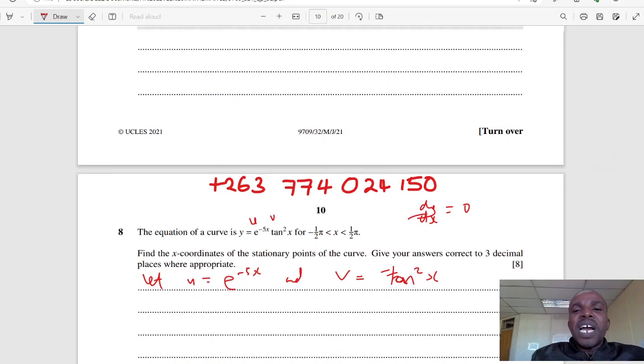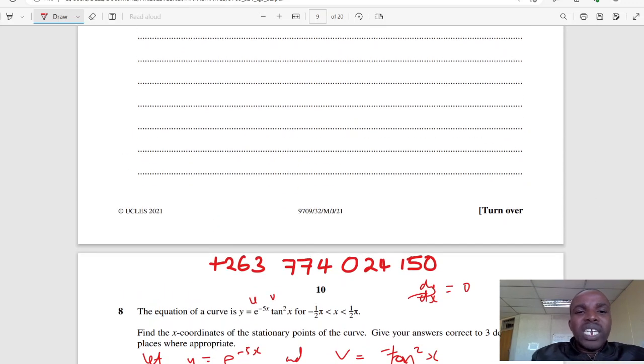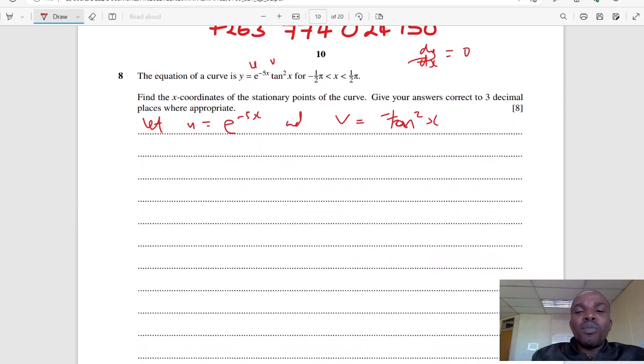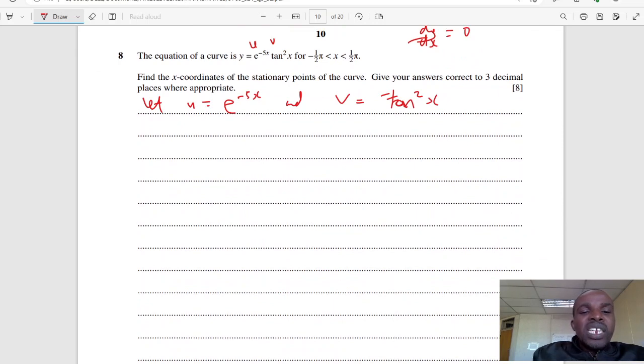Right, from differentiation by product, you say dy over dx equals v du over dx plus u dv over dx. So that's what you have to use. There is a formula for that, however. All right, let's find du over dx here.